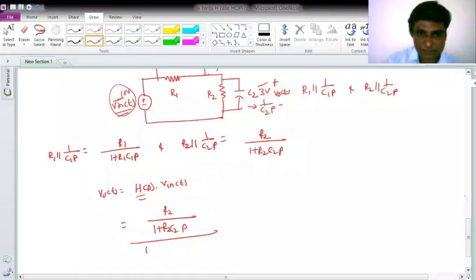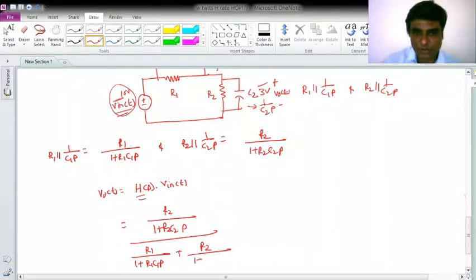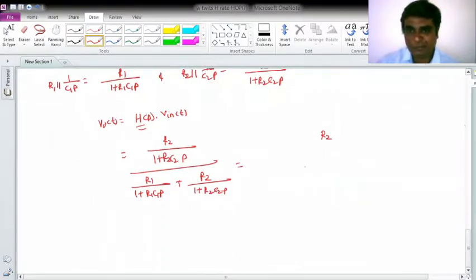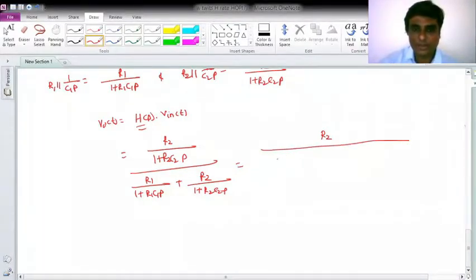over R1 over 1 plus R1 C1p plus R2 over 1 plus R2 C2p. So if I solve this, it will be R2 and this will be 1 plus R1 C1p.